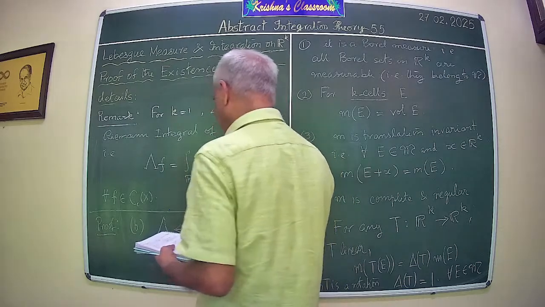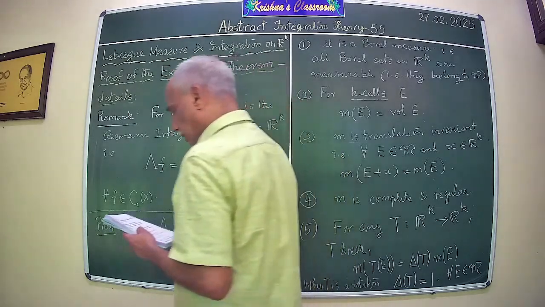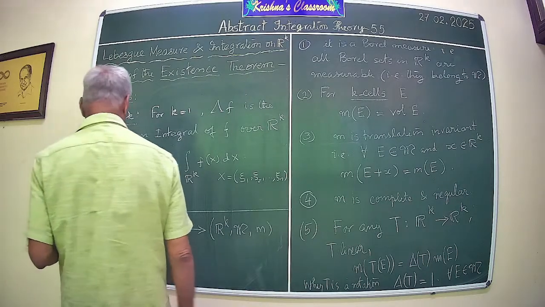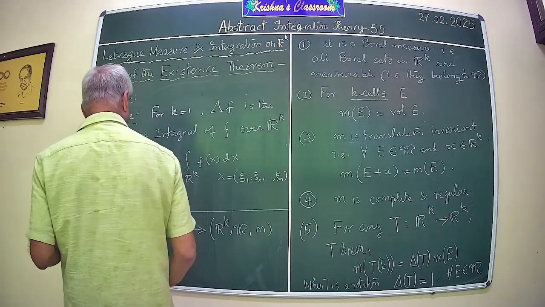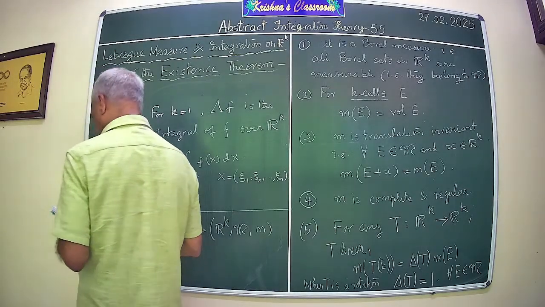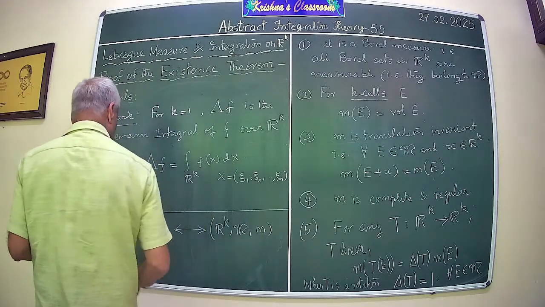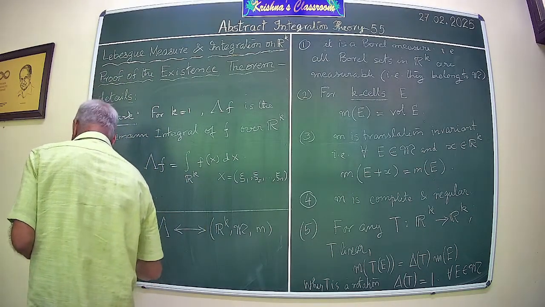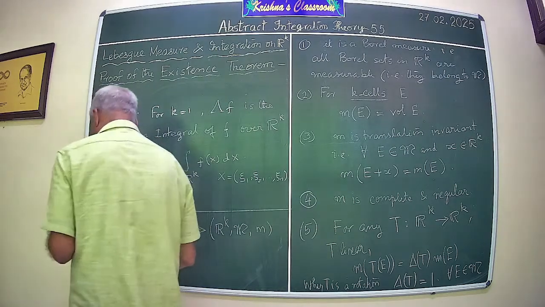So they are uniquely determined and so on. Then M is a complete measure.